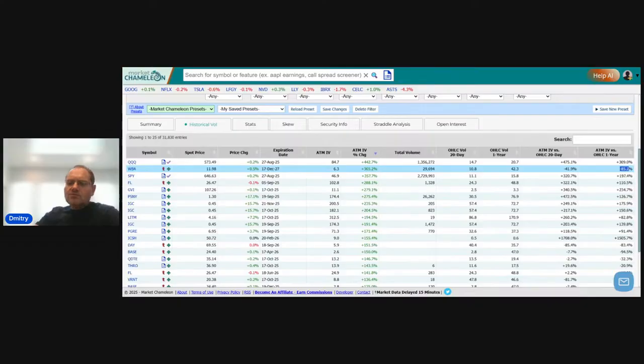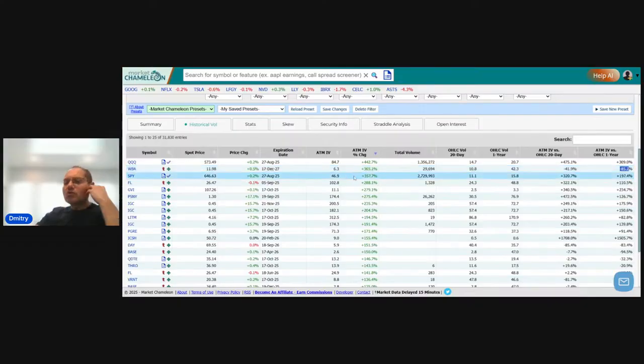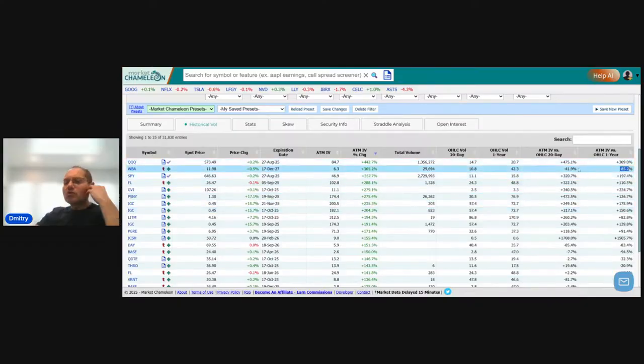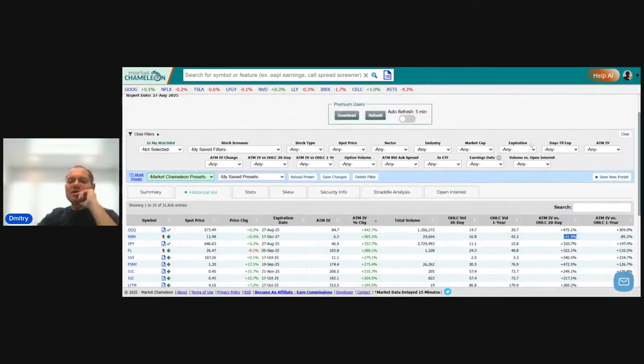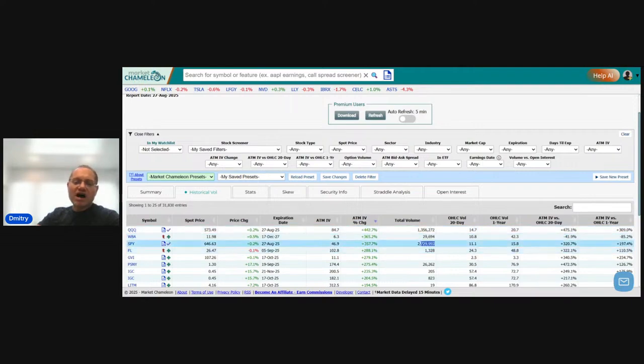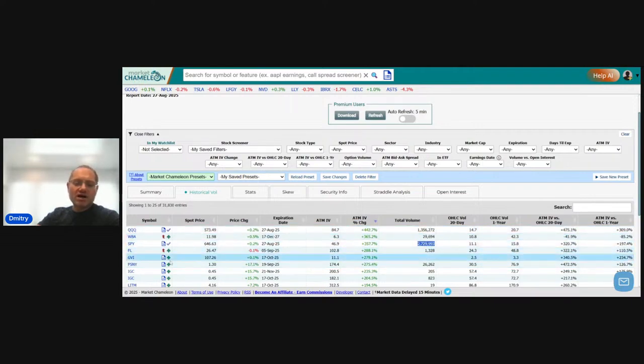So how do we then screen out these potential items? We could go up here, and one thing is we may want to look for expirations that have volume, because some of these don't have volume.